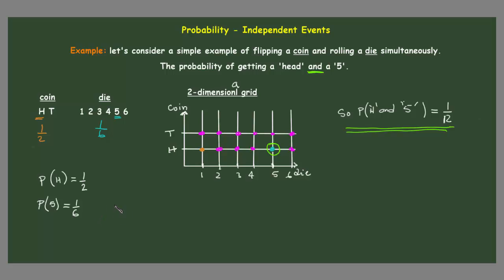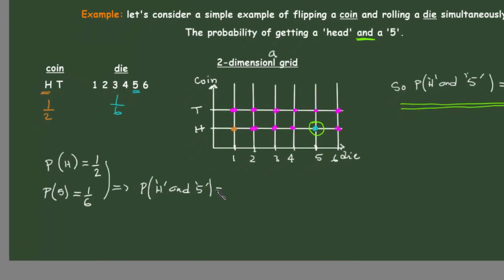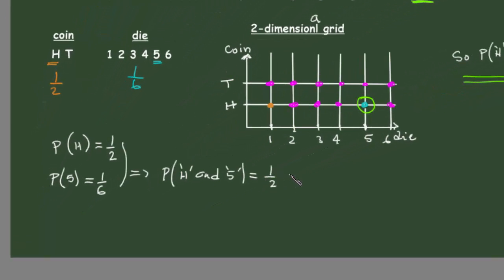So we can put them all together. What we need is the probability of having both the head and a 5, which equals 1/2 times 1/6, and this is going to give us again 1/12.